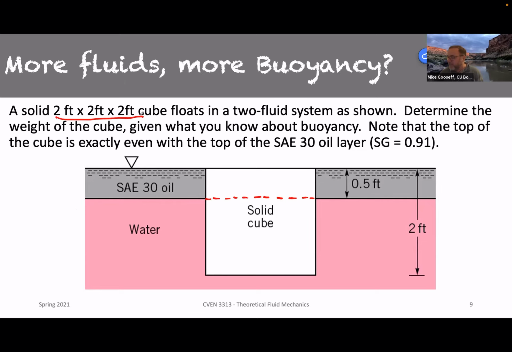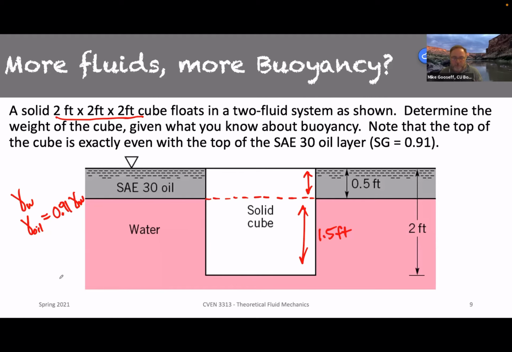And half of a foot here is displacing oil, and 1.5 feet in depth is displacing water. So when we work through this, we'll use gamma water, which is something we can look up, right, from the tables that you guys are provided. Gamma oil in this case is noted to be 0.91 of gamma water, so 91% of that.